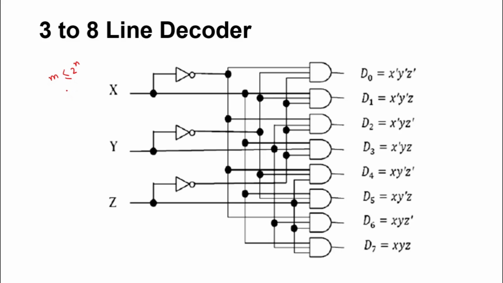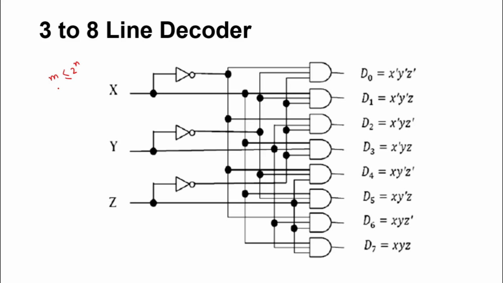Their purpose is to generate the 2 to the power n or fewer minterms of n input variables. The name decoder is also used in conjunction with some code converters such as BCD to 7-segment decoder.